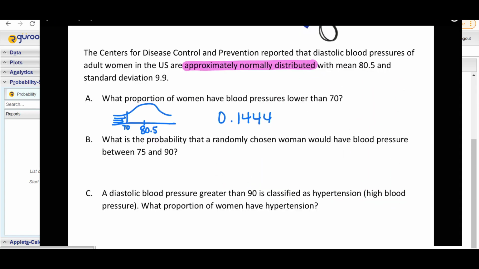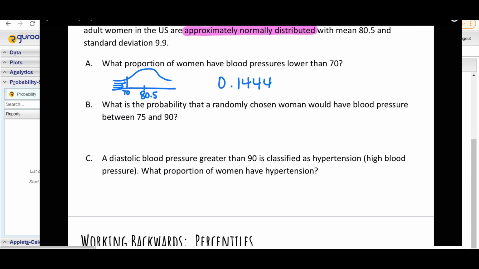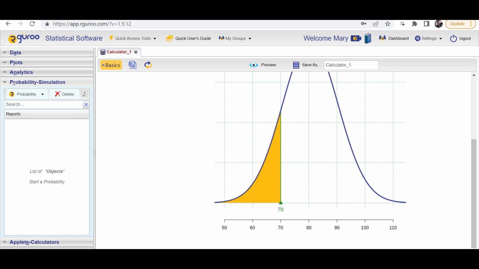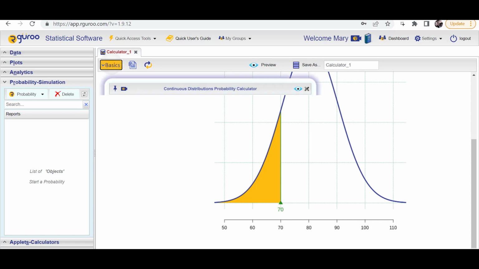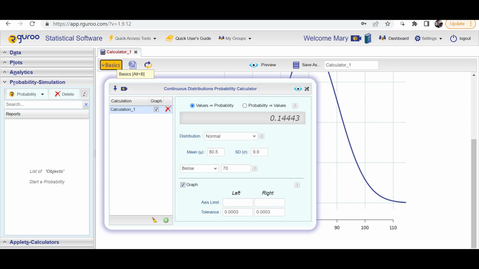All right, next, find the probability of a randomly chosen woman having blood pressure between 75 and 90. So again, 80.5 is in the middle, 75 is somewhere to the left, 90 is somewhere to the right. I don't know how far left and right each way. You're just kind of drawing this for yourself so you can make sure you know what you're trying to find. So we're going between 75 and 90. So I'm just going to keep the same calculator, click on basics, because the mean and the standard deviation aren't changing.